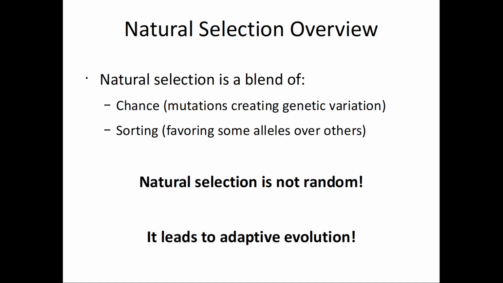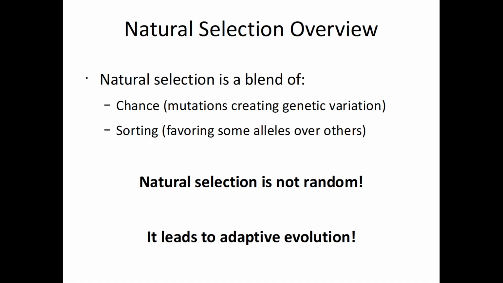In other words, if you stand out to a predator, you'll get eaten. There's a good chance you get eaten before you get a chance to mate. And if that's the case, all your DNA is lost to the gene pool, gets taken out. So that's not random, right? The brown rabbits that blend in with the leaves and all the underbrush survive, whereas the bright white rabbits that stand out get eaten.